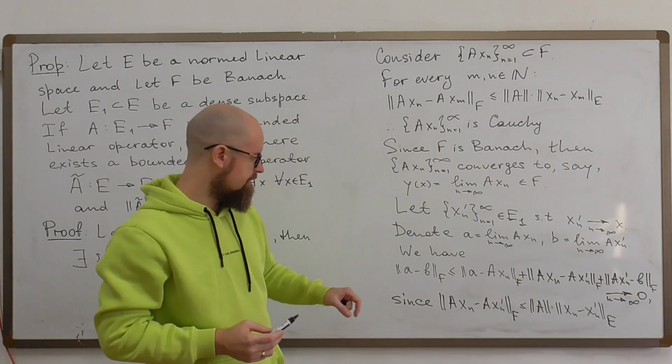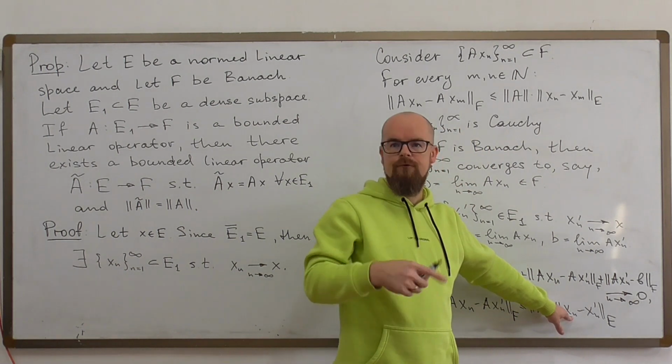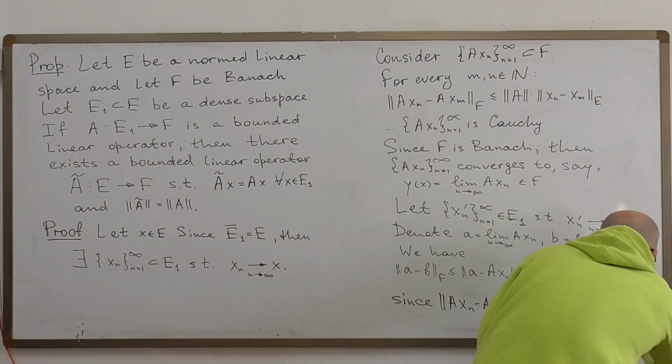So we have this estimate, and over here we have the norm of the difference of two sequences, which tend to the same element, so it tends to 0.